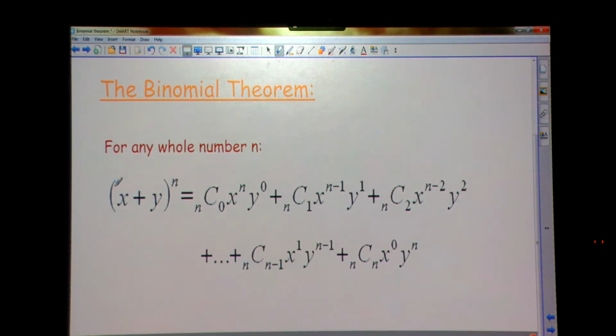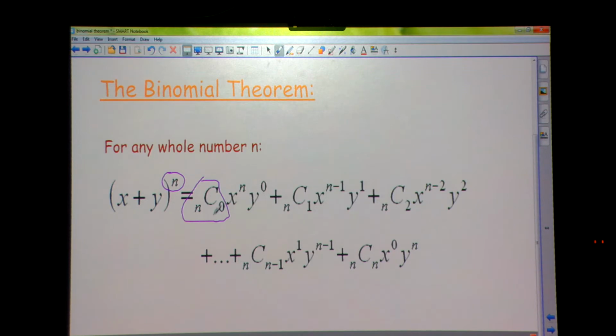It's really not. If I have x plus y to any power, this right here is a combination. Now remember, you have a formula using factorials, r factorial, n factorial, and you also have a button on your calculator for permutations, combinations. You have that P and C. But that's what this is saying. You have n choose nothing. So you have 5 items, let's say. How many ways can you choose nothing?